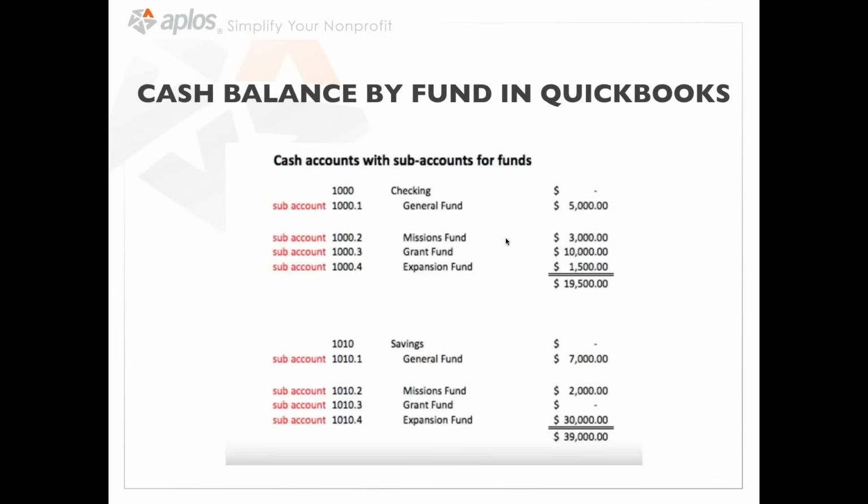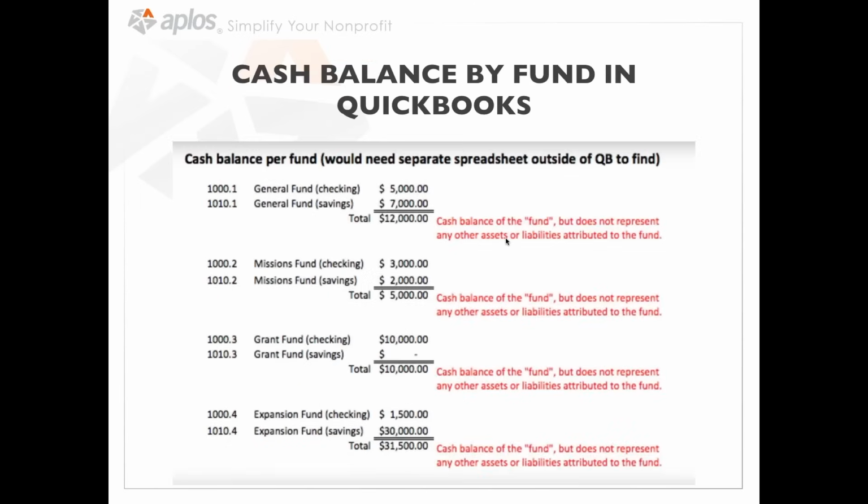Let's see, that's an example there too. So instead of checking normally showing 19,500, we've got sub accounts split out to track those 4 fund balances within checking, same with savings.